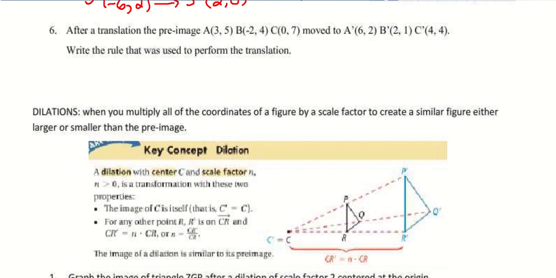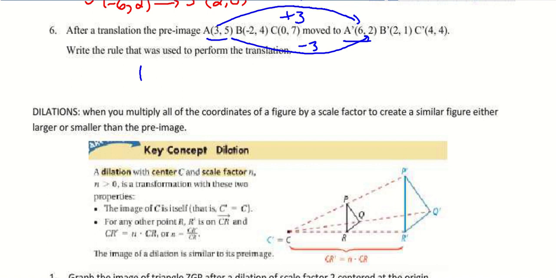All right, so number 6 is another type of question they ask, which is after the translation, and there's your pre-image, there's your image, okay, they're giving you both, write the rule. Remember, I only have to look at one specific point, okay? And all we're going to do is check to see what happened to the x and what happened to the y. So from 3 to 6 is plus 3, from 5 to 2 is minus 3, okay?